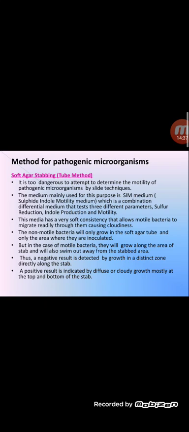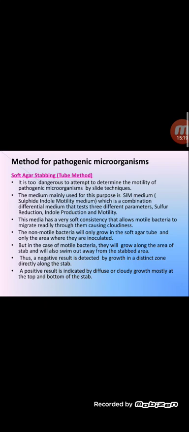This medium has a very soft consistency that allows the motile bacteria to migrate readily through it, causing cloudiness. So if the bacteria is motile, then it forms cloudiness in the medium, which shows the motility of that bacteria. If the bacteria is non-motile, they will grow only in the area where they are inoculated.